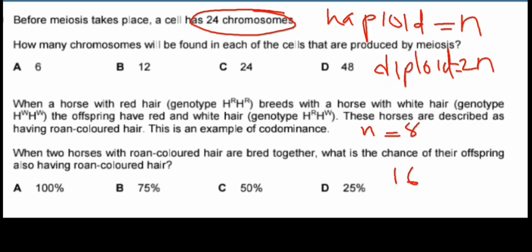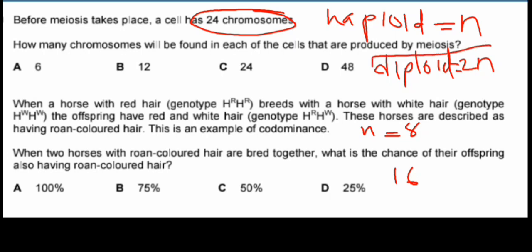Now let's say, for example, initially we have 24 chromosomes and then the cell undergoes mitosis, meaning the number of chromosomes are going to be doubled, because mitosis is the process by which 2 identical diploid daughter cells are produced.